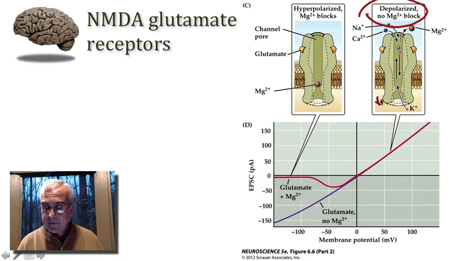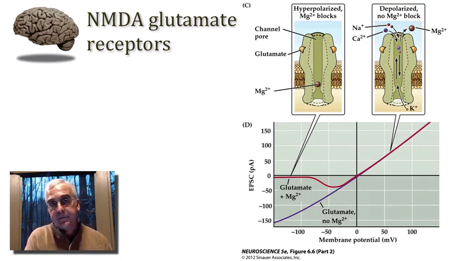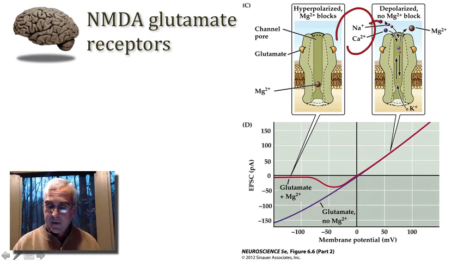So if the inside of the cell becomes more positive, that positivity can expel this magnesium ion out from the pore of the channel. When that happens, now the cations that can pass freely through the selectivity filter of the channel are free to do so. And those include sodium and calcium ions that can enter the cell, and potassium ions that can leave the cell.